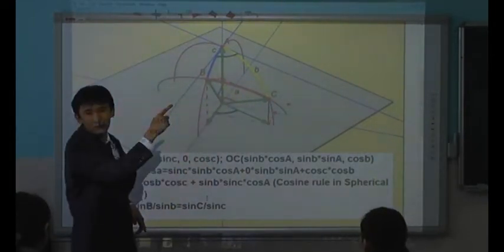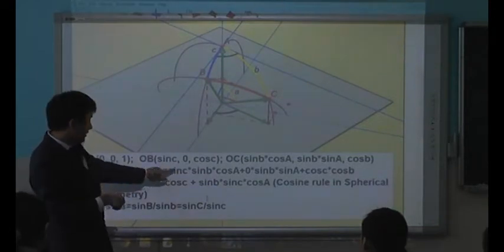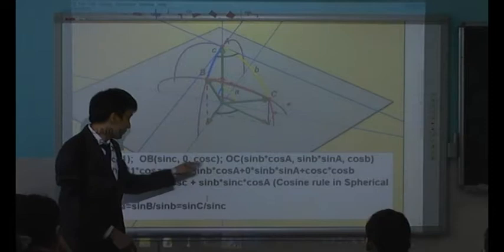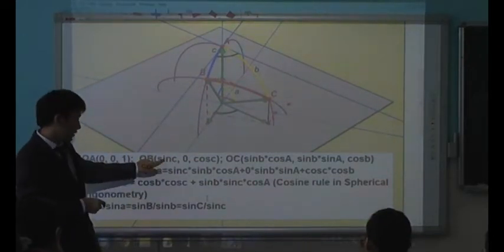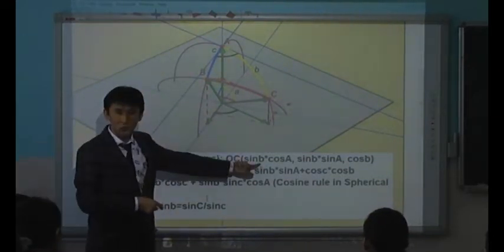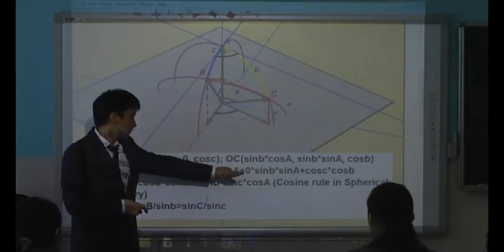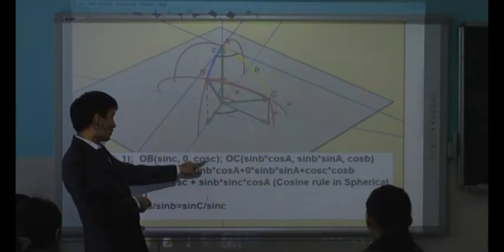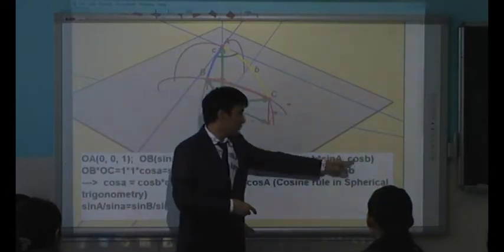This is equal to, by the second formula, the first component sine c multiplied by the first component, the second component 0 multiplied by the second component, and the third component cosine c multiplied by cosine b.